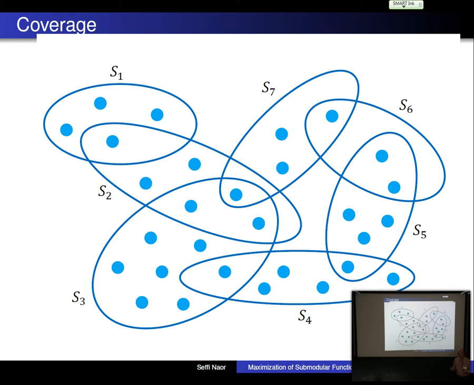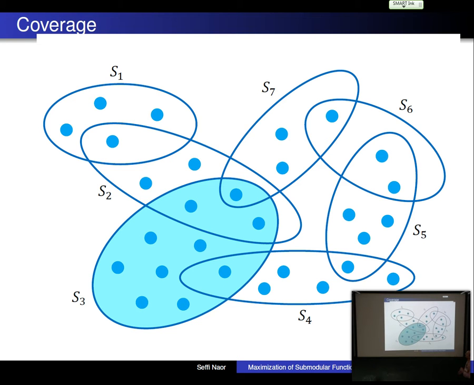Let's quickly see an example of coverage and diminishing returns. We have these elements, and subsets defined over these elements, and the value of a bunch of subsets is the number of points they cover in their union.